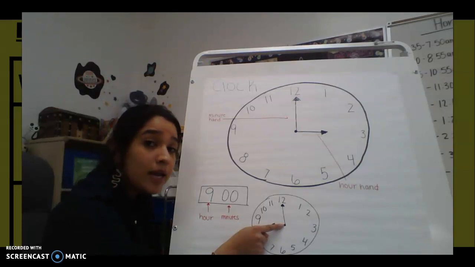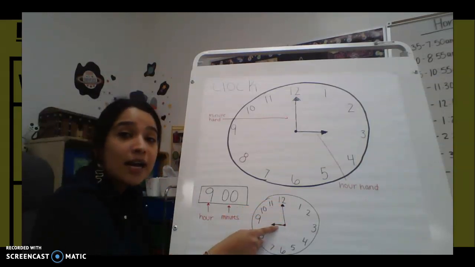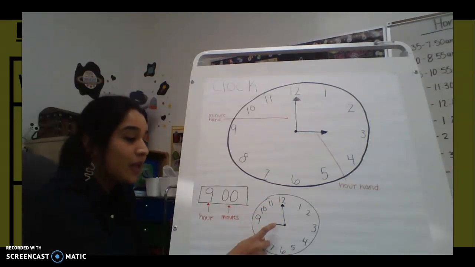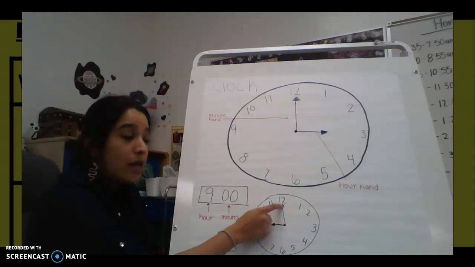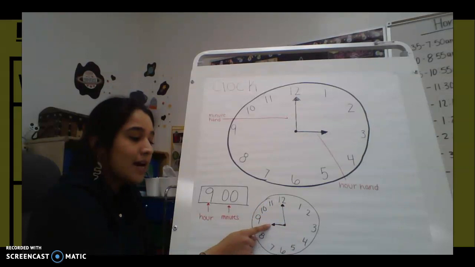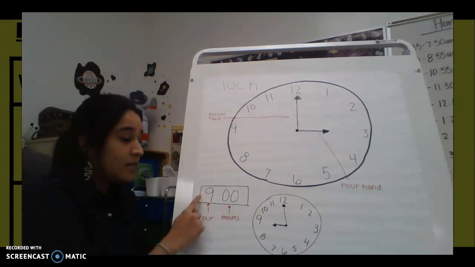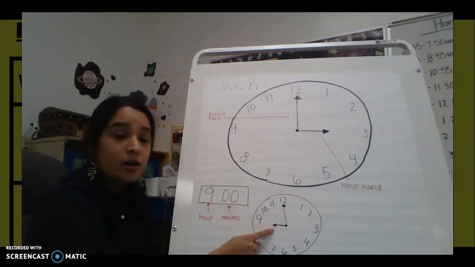Everyone, the minute hand is what? Long, and the hour hand is short. Great work. Especially when you're drawing, make sure that you draw the minute hand long and the hour hand short. So now we have 9 o'clock in digital form and drawn on a clock.